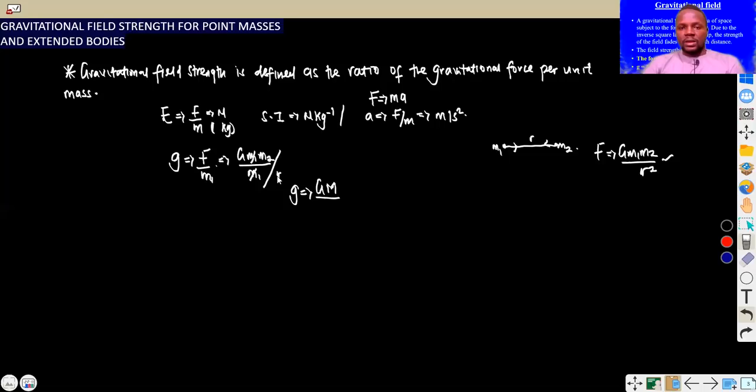Please don't make a mistake: the formula itself has G M1 M2 divided by r squared.